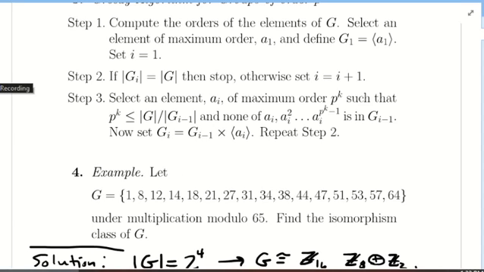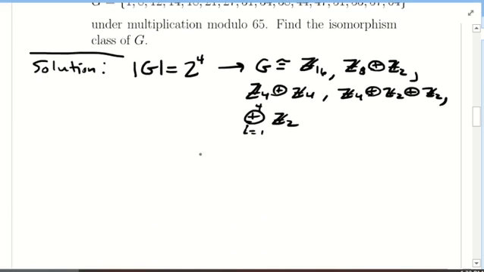Hold on a second. Sometimes this tries to do some weird stuff. Once again, if the orders are only 2, then we know the answer is this. If any of them has order 16, then we know it's this. If we don't have 16, but one of them has order 8, then we know this is it. The only hard ones are if the highest order is 4.